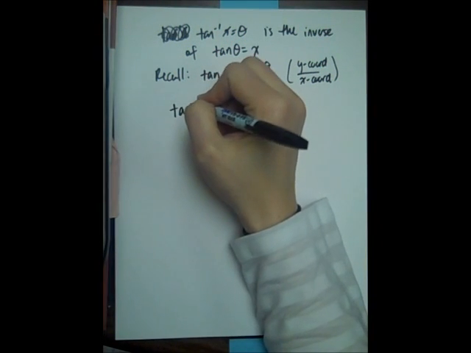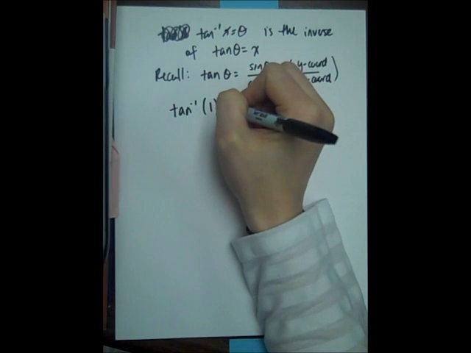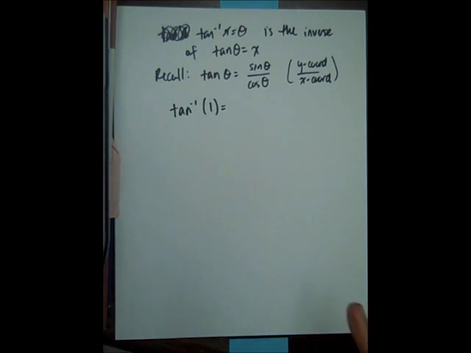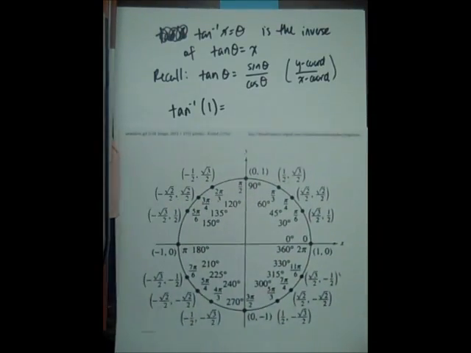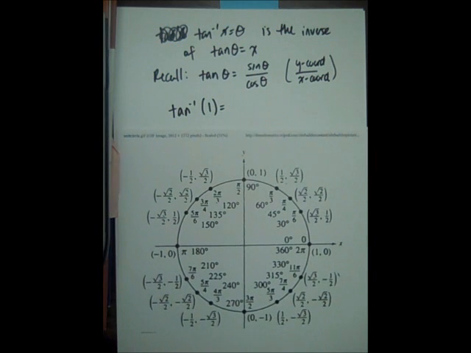So let's go through a couple here. Tan inverse of 1. Also, for tangent, we do the same thing that we did for inverse sine. We're only going to look at the right-hand side because we restricted our domain. Remember, the restriction was negative pi over 2 to pi over 2. We want the tangent to be 1. Remember, this is the y-coordinate over the x-coordinate.